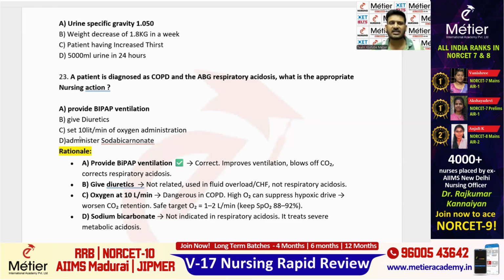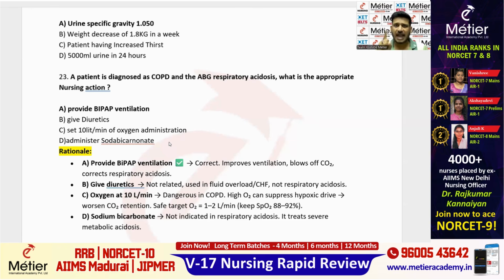The next one is set 10 liters per minute of oxygen administration. Whether we need to give 10 liters of oxygen for COPD patients? We cannot give 10 liters of oxygen for COPD patients. See, it is a big pathology. Normally, two types of drives are present in respiration.